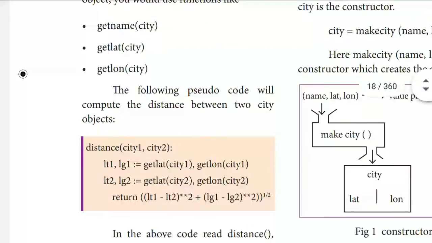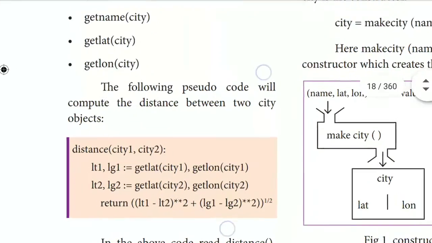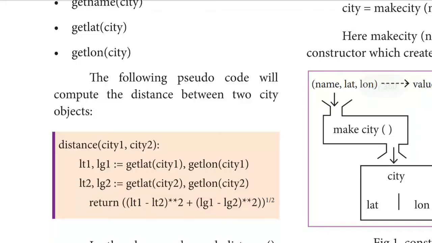The following pseudocode will compute the distance between two city objects. Distance of city 1 comma city 2: latitude 1, longitude 1 equal to get lat of city 1 and get long of city 1.